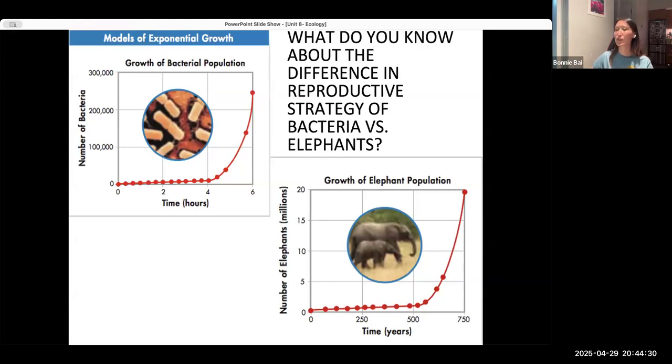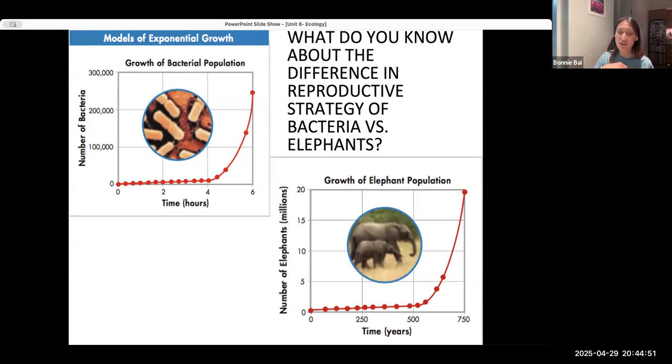In this picture, we see two different populations: bacteria and elephants. What are we looking at? We're looking at something called reproductive strategies. We'll talk about what that means, but essentially both of these curves are experiencing exponential growth.